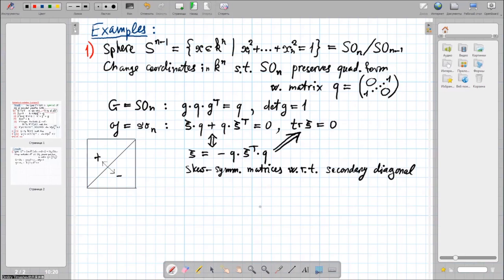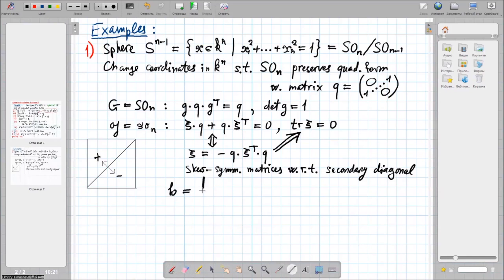What is the advantage of this choice of coordinates in which the quadratic form preserved by SO_n has this matrix? The advantage is that important subgroups in G and the Lie algebras can be represented nicely in the matrix form. In particular, in these coordinates, we have the Borel subgroup, or maybe better to say the Lie algebra of the Borel subgroup, the Borel subalgebra, is given by matrices of the following shape.